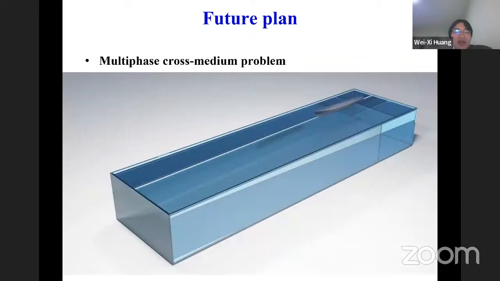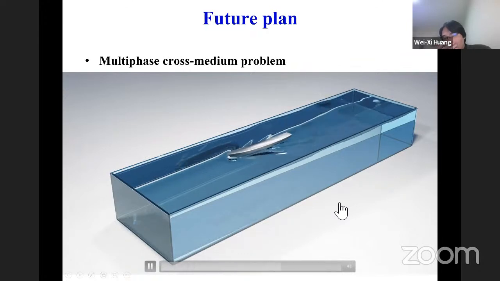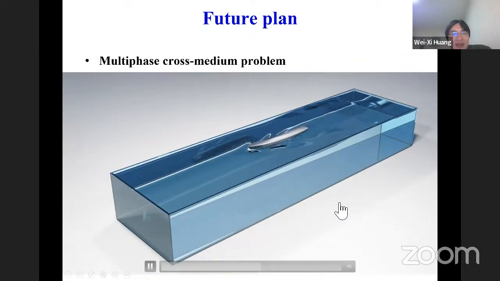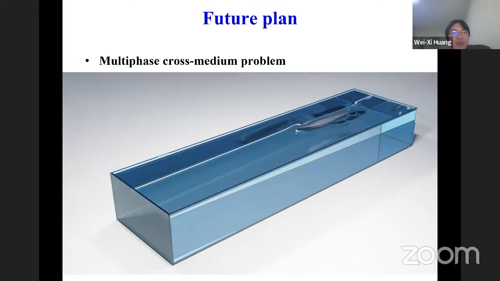And also, we have put much effort into multi-phase simulation. So now we have developed a numerical method to see the three-phase interaction. So we can consider cross-media problems, like the jumping of a dorsal fin out of water, and also the diving of a bird into water.